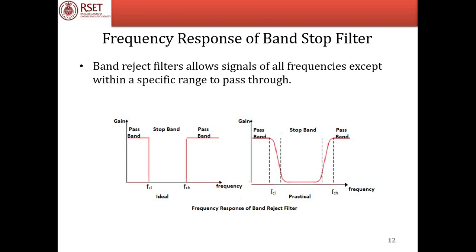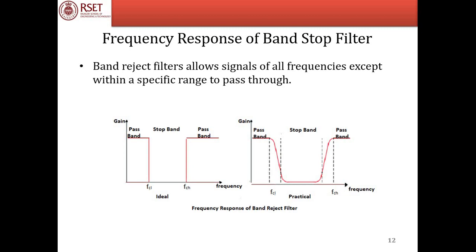So, till now we discussed the different types of filters and the criteria based on which filters are classified. The first broad criteria is based on the implementation technique, and that is into analog and digital filters. Analog filters can be further classified based on the components that are used to realize those filters into passive and active.